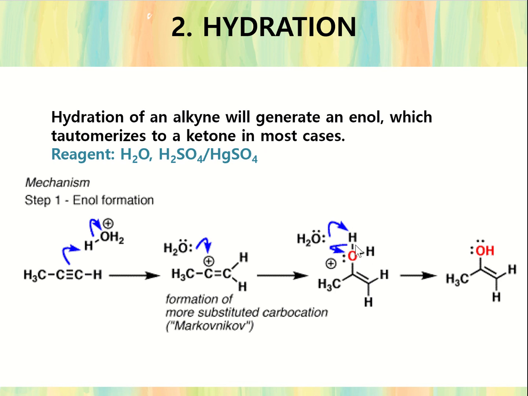Then we can have another molecule of water abstracting the proton to quench the positive charge to end up with our enol. So that's the first step of our hydration of our alkyne. First, we generate an enol.